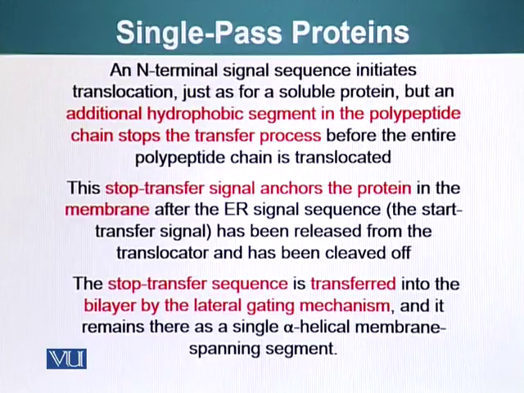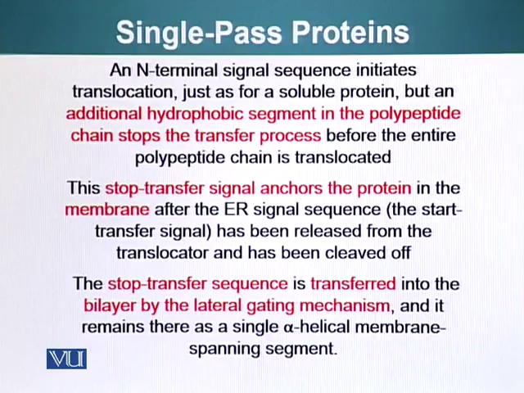So this hydrophobic segment is recognized, and it stops the protein transfer, and the stop transfer signal anchors the protein in the membrane. After the ER signal sequence, the start transfer signal has been released from the translocator and has been cleaved off. The stop transfer sequence is transferred into the lipid bilayer by a lateral gating mechanism, and it remains there as a single alpha helical membrane spanning segment.